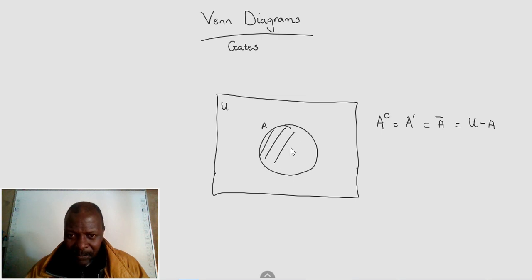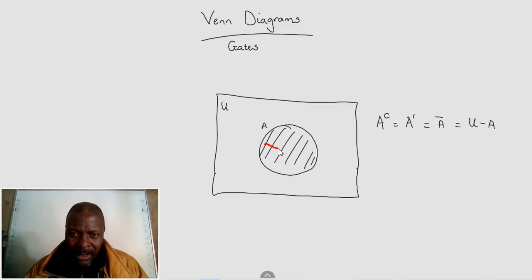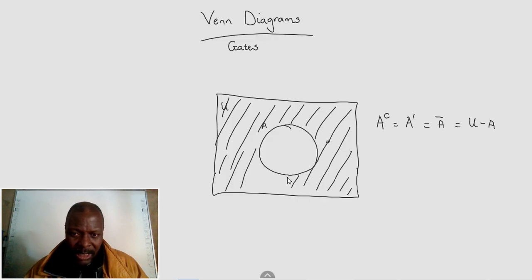I would shade A and say this is set A. The shaded area there represents set A. If I want the complement of A, it means everything that is outside of A. So I would have to shade everything that is outside of A: the universal set minus A. If I'm to represent not A, or the complement of A, this would be our not A. So this represents A's complement.